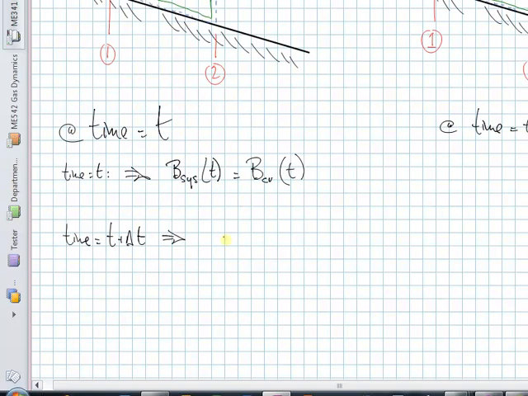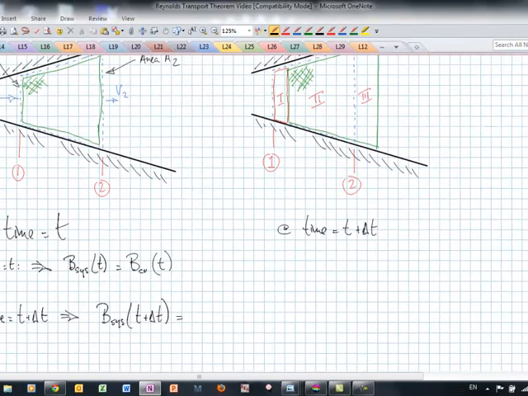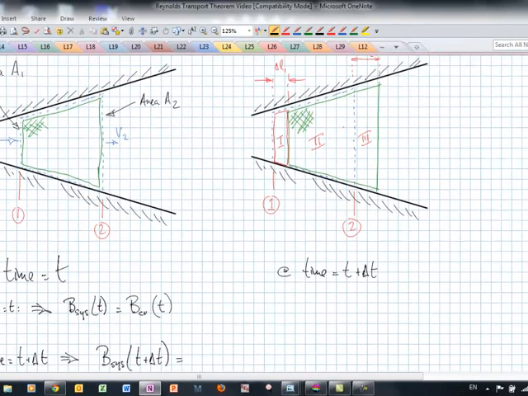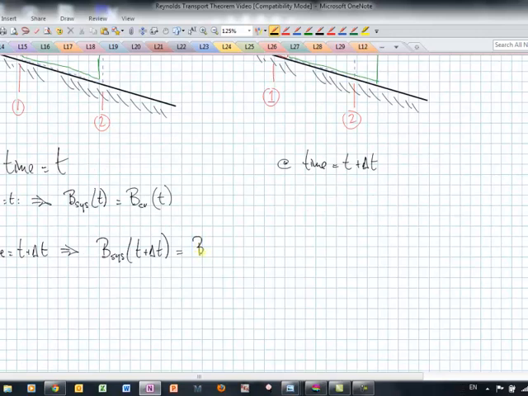We have B of the system at t plus delta t. What's it equal to at that time? Well, it's equal to whatever is in region 2 of the flow shown in this picture and region 3 of the flow shown in this picture. So that's B of 2 at t plus delta t plus B of 3 at t plus delta t.